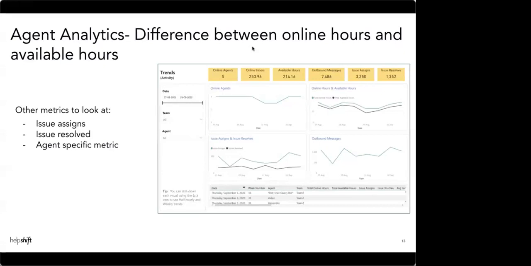This metric is useful for evaluating productivity and tracking billable hours. You can also look at other metrics such as issue assigns versus resolves, along with outbound messages sent by agents to get into more details.